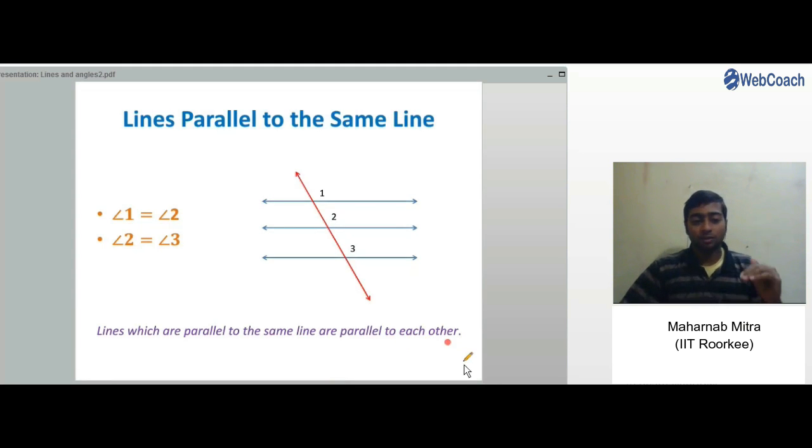right. So in a simple statement, we can say lines which are parallel to the same line are parallel to each other, right. For example, in the given figure, the first line is parallel to the second line and the second line is parallel to the third line, and therefore we can say the first line is parallel to the third line, right.